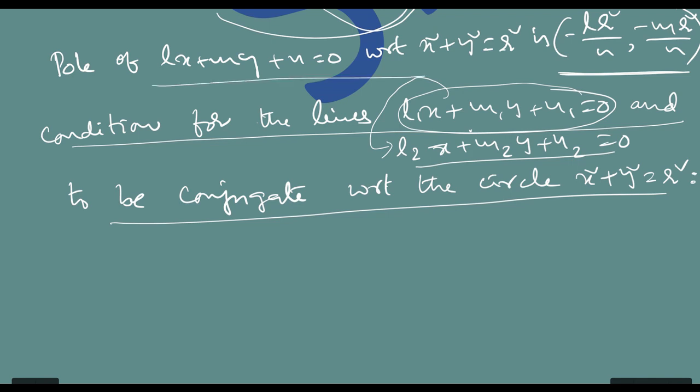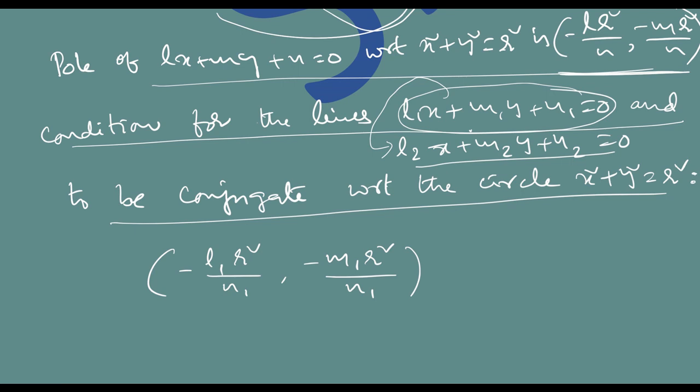Just now we proved it here, so I can directly write its pole. Its pole is nothing but the pole of the first one: minus L1 r square by n1 comma minus m1 r square by n1, that is the pole. Now for the lines to be conjugate, we want the pole of this to lie on this. That means this should lie on this one.